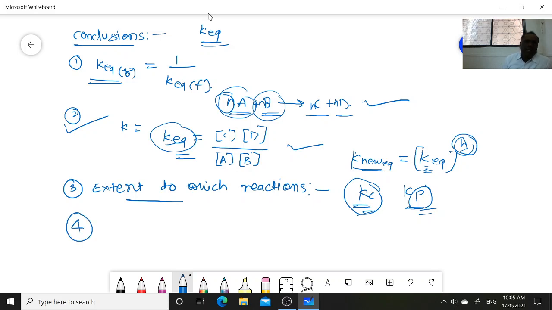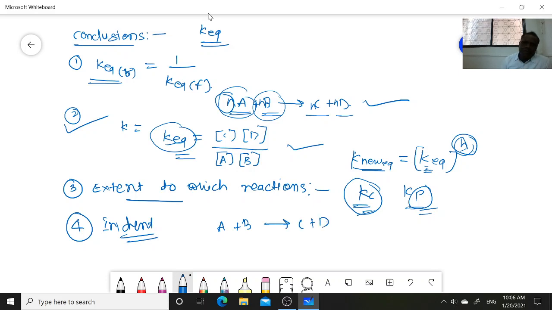Number four conclusion for the equilibrium constant is that it is independent of the concentration. How? Suppose A plus B gives C plus D again.